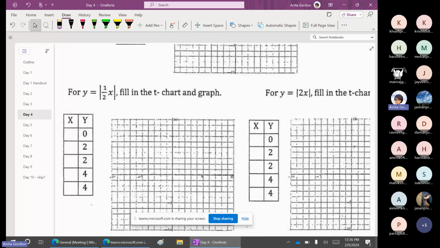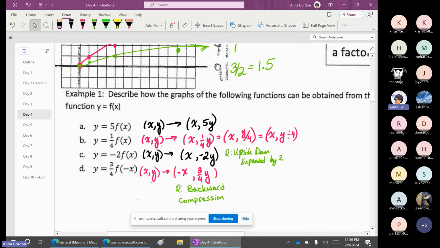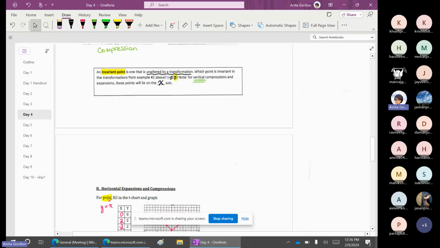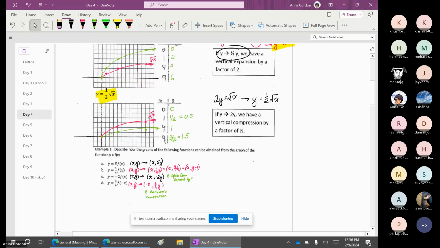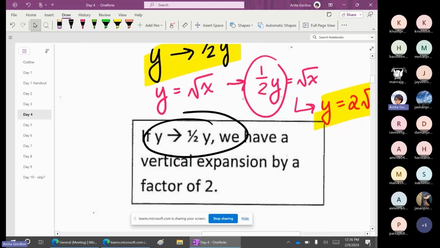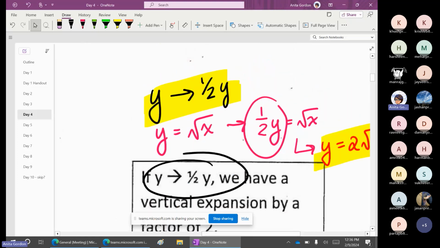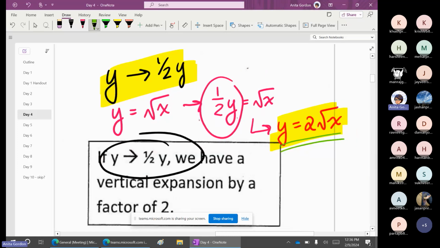Now remember, on the first page here, I said I'm replacing y with 1/2 y. And then when I isolate it, it goes to the other side and it becomes a 2y. When we do this with x, though, we're not solving for x, so it is what it is.